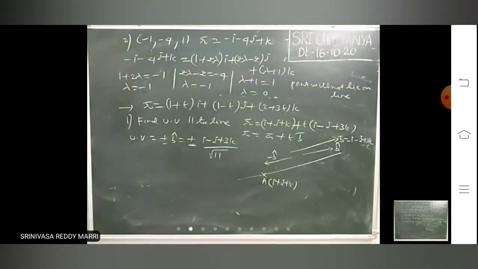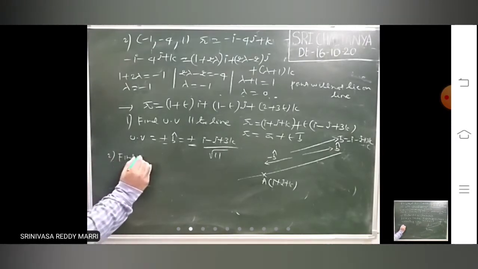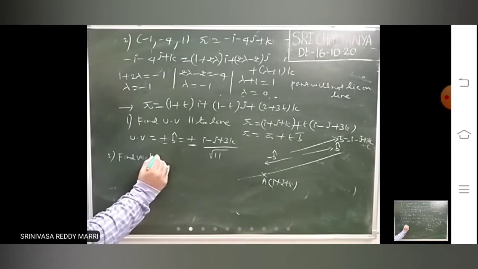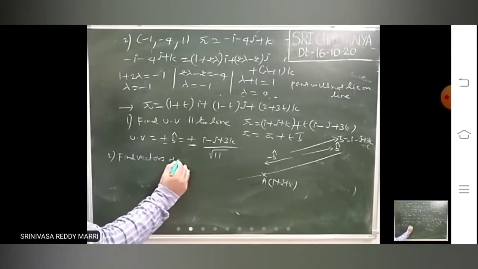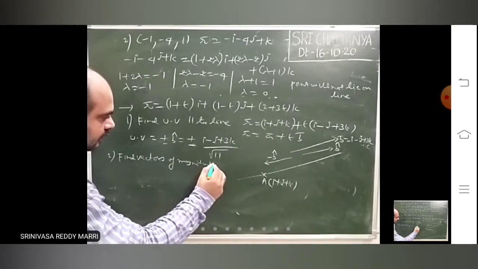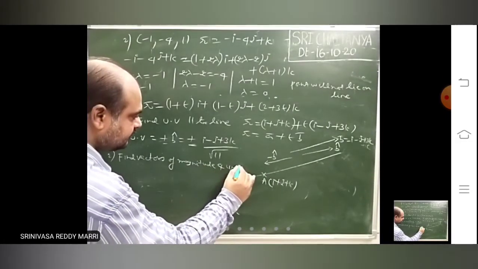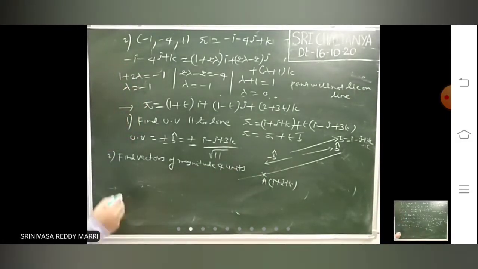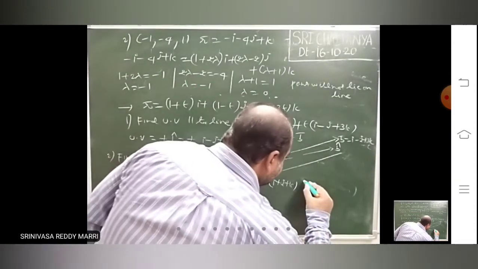Suppose the next question is to find vectors of magnitude 4 units parallel to the line. He is asking for two vectors parallel to the line.